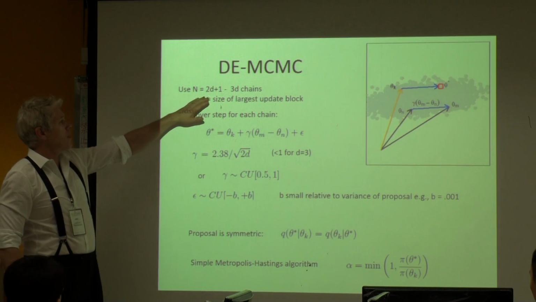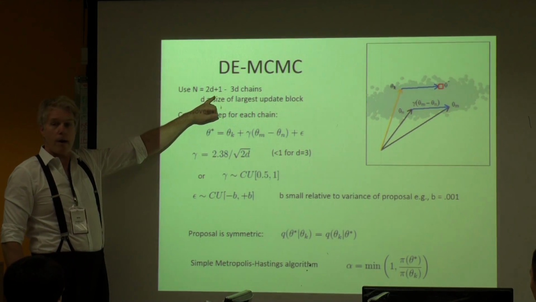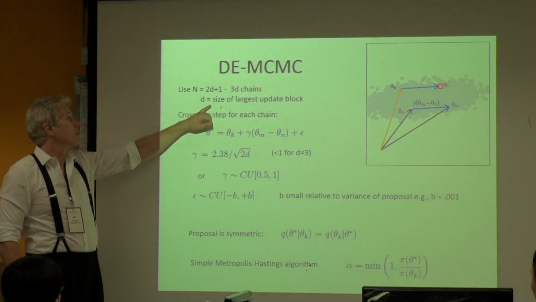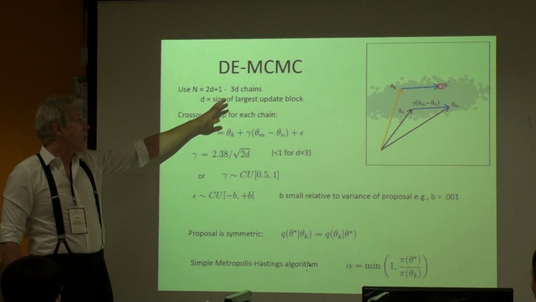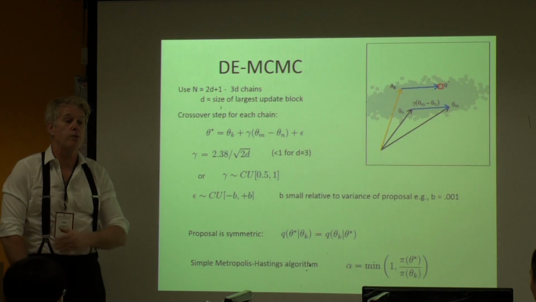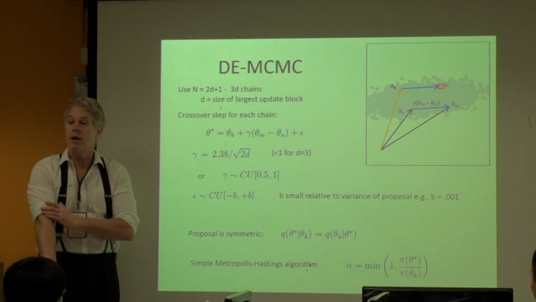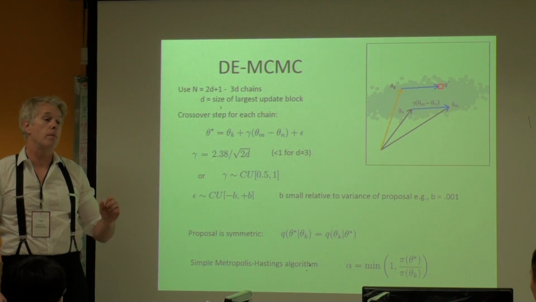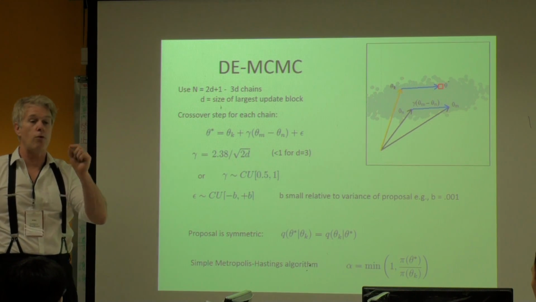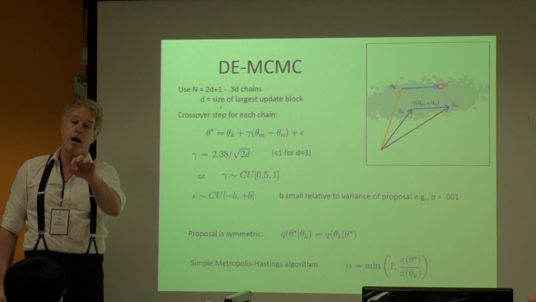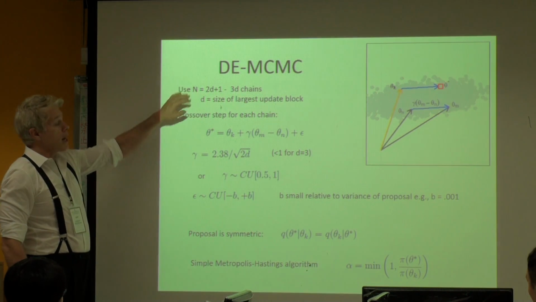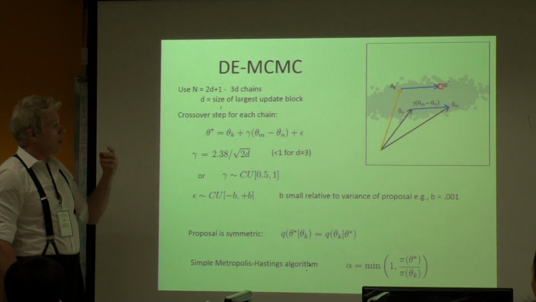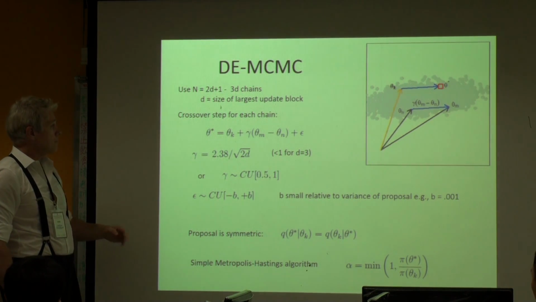The recommended minimum is 2 times the number of parameters you're sampling, plus 1, up to 3 times. I think there's a default value in the software, but you can change it easily. With all these R functions, if you look at them, you'll see that there will often be some default values, and then you can just type the argument and change the value. So, number of chains is the first important thing, so there'll be lots of them running around.